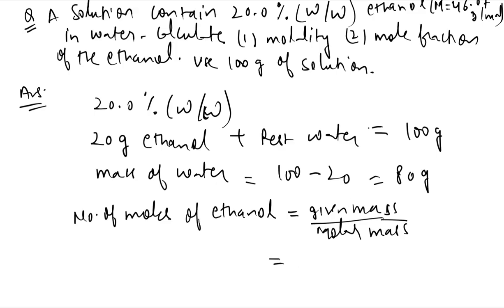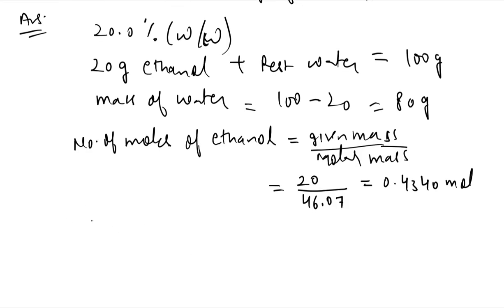The given mass in this particular case, the mass of the ethanol, is 20 and the molar mass is 46.07. So this will give you the number of moles of solute, that is ethanol, as 0.4340 moles.